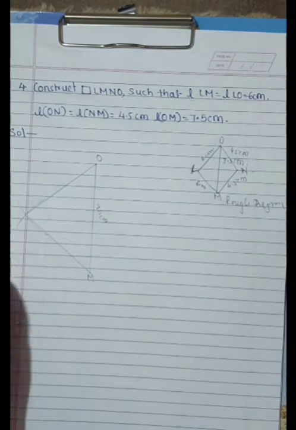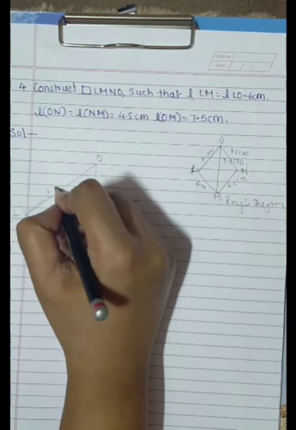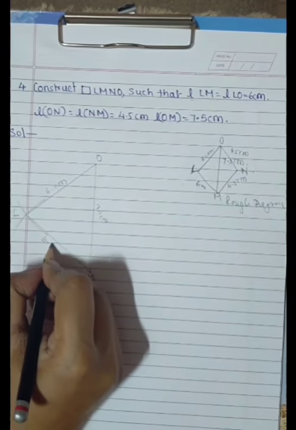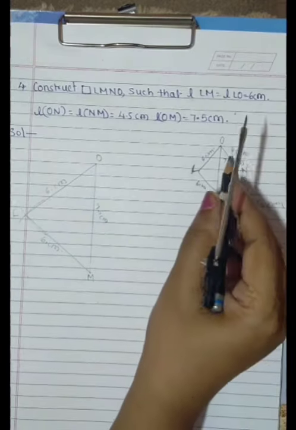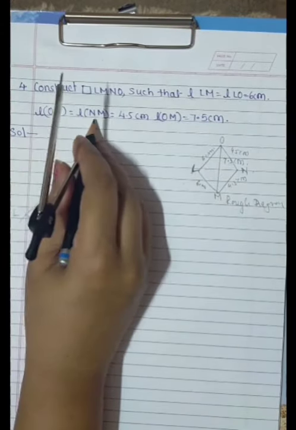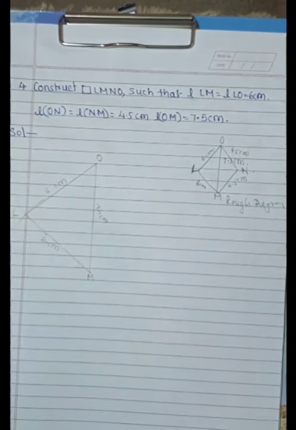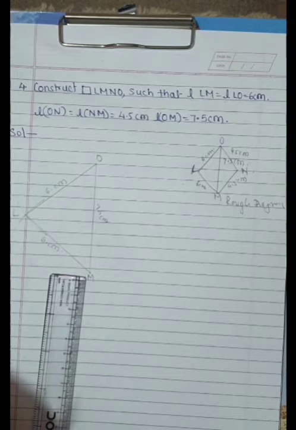Okay, this is our L, and this is 6 centimeter, and this is also 6 centimeter. Now what is given? The opposite side 4.5 centimeter. That is ON equal to NM equal to 4.5 centimeter.